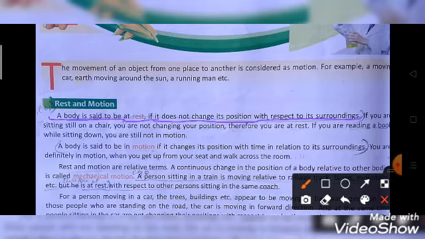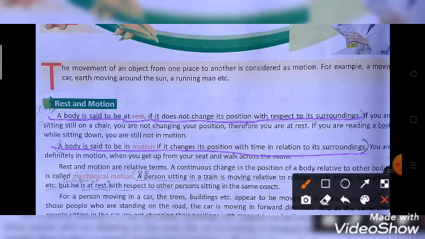And then motion: a body is said to be in motion if it changes its position with time in relation to its surrounding. So any object is said to be in motion if it changes its position with respect to its surrounding. That means you just run from your home to somewhere.